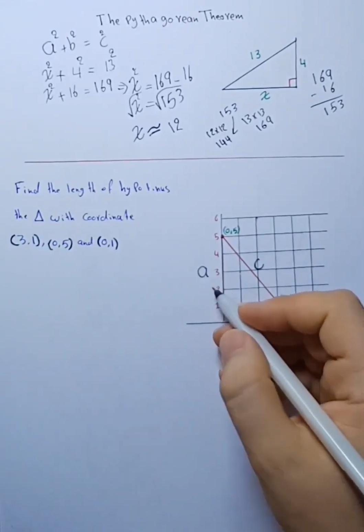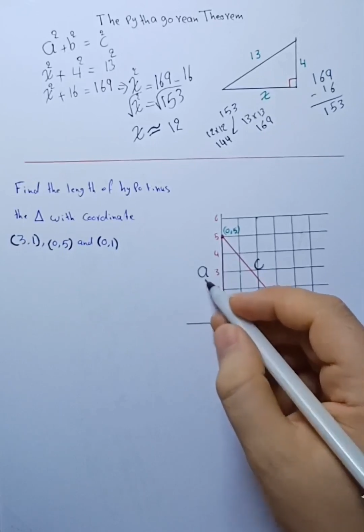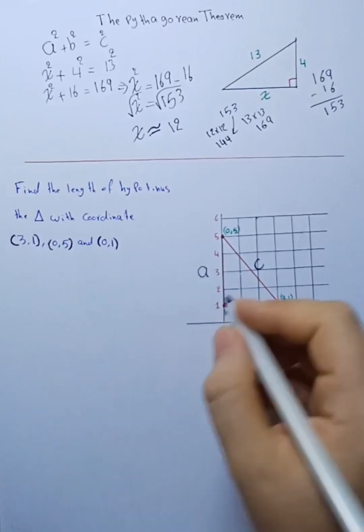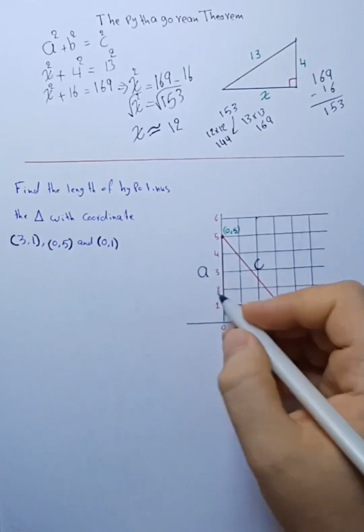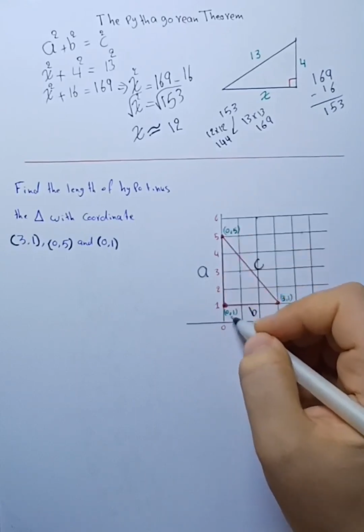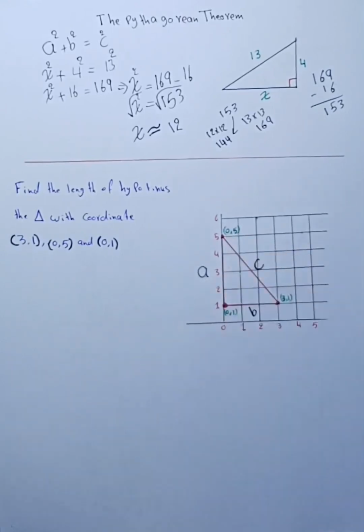After that, for finding the length of A, we have to use the distance rule. For A, we have to use these two ordered pairs, (0, 1) and (0, 5).